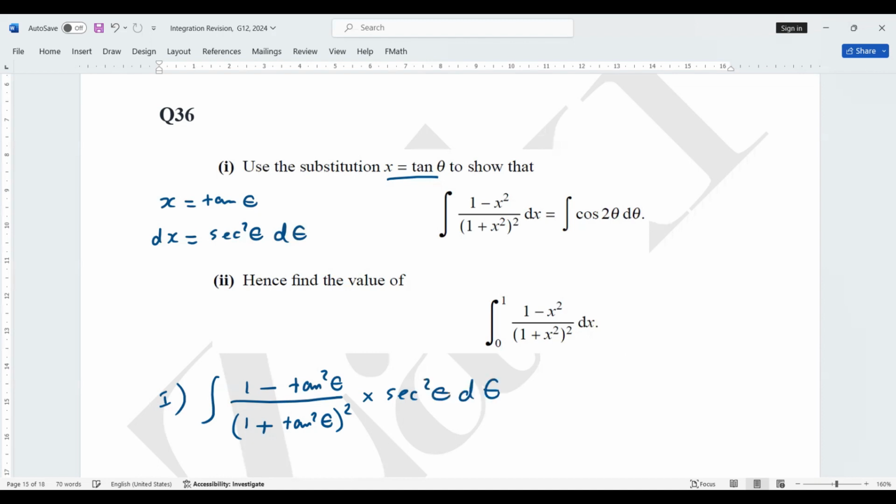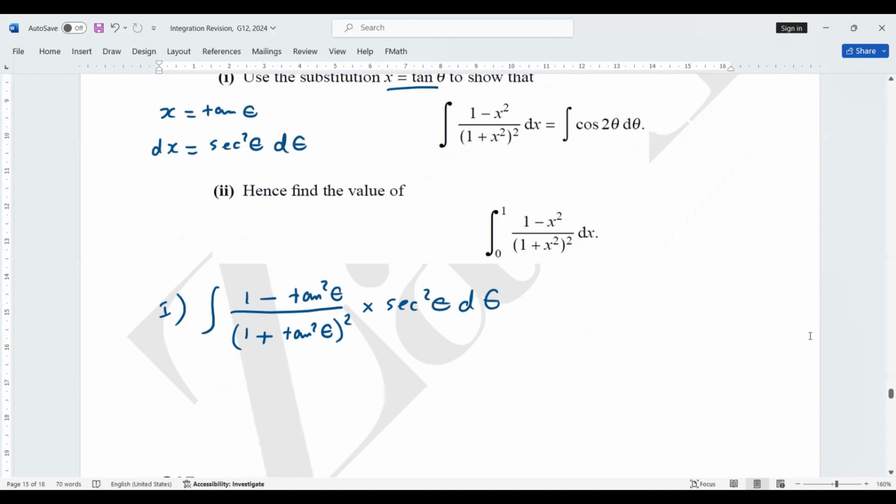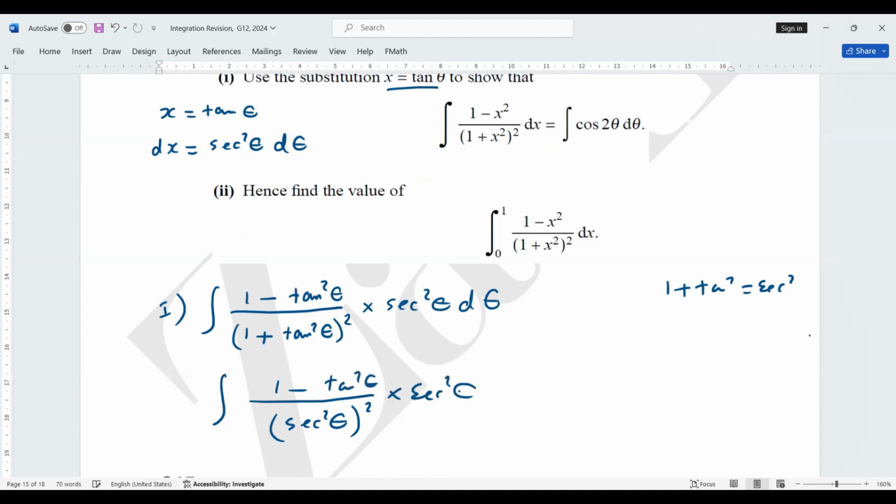Now we need to simplify. We know that 1 plus tan squared equals sec squared. So the denominator is sec squared theta, all squared. 1 minus tan squared theta, multiplied by sec squared theta d theta. We cancel sec squared with one of the squares.